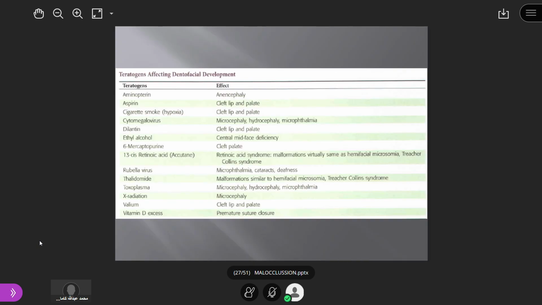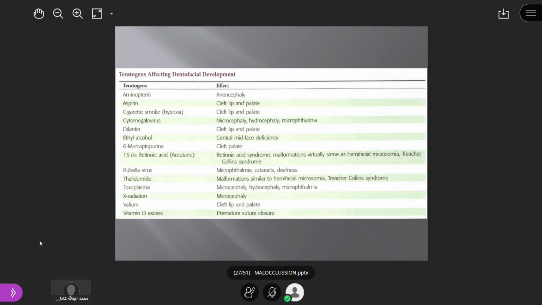Here are some examples of teratogens. There are so many chemical agents which can produce these defects in embryo, but we will discuss the most common teratogens which we have heard of and we use in our normal daily life.